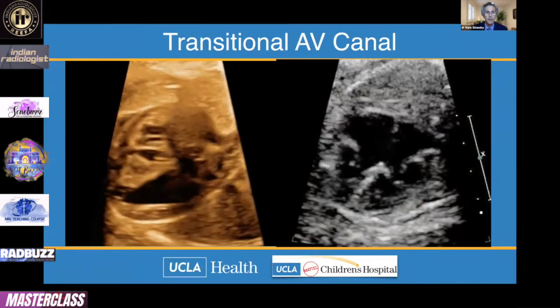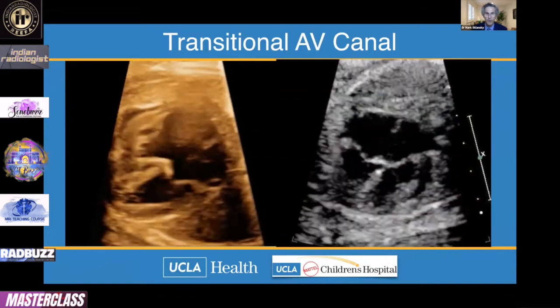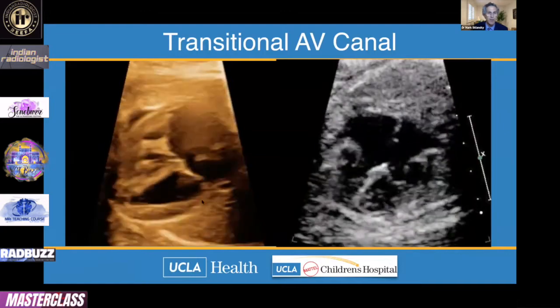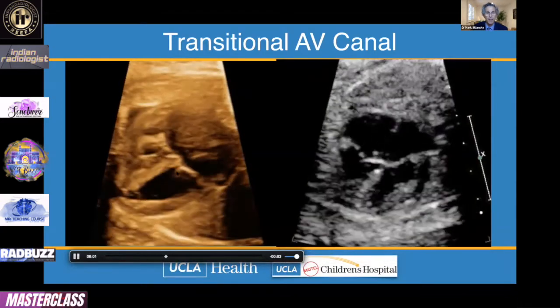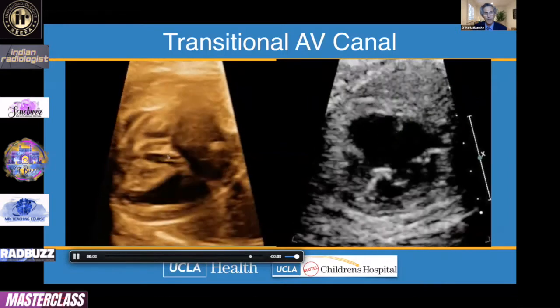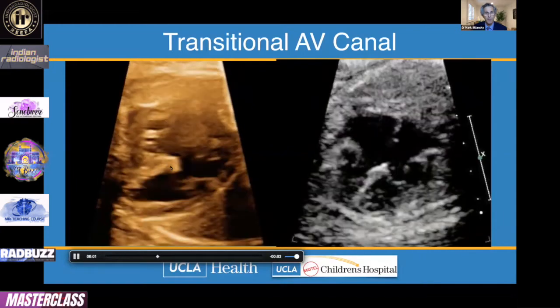So let's see, transitional AV canal. Transitional AV canals are sometimes difficult to detect, because the VSD by definition is small. If you see here on the left, you can see the primum ASD, and you could sort of imagine that there is some AV valve tissue, but maybe there's a small VSD right at the inlet septum.